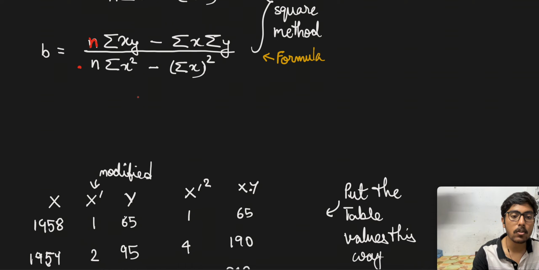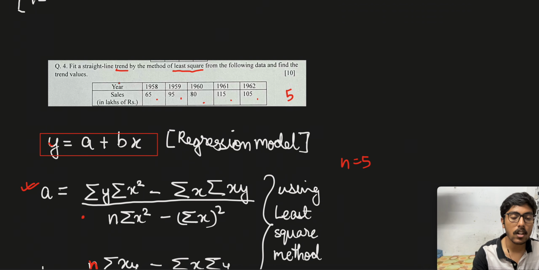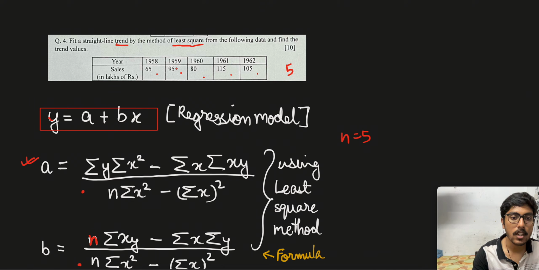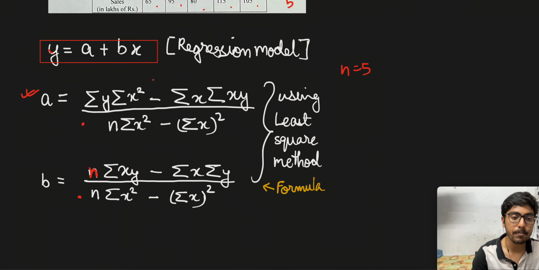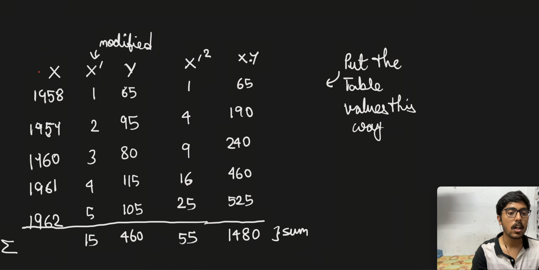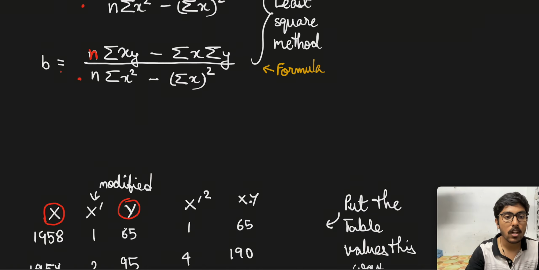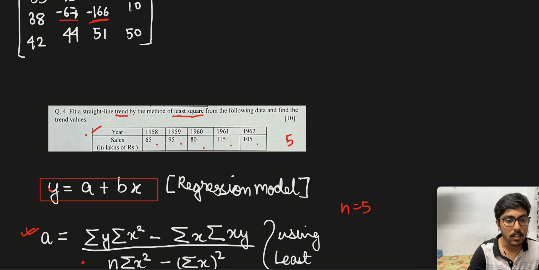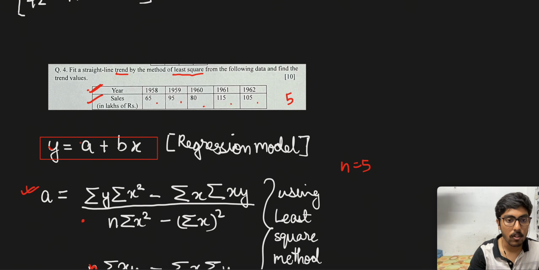So now what we will do is just put the values given to us in tabular form. Here is the x value which we are given in the question, and here is the y value. For simplifying the linear regression model which we will be building, I have reduced the year which we are given in the question, like this is the year and this is the sales in lakhs of rupees.